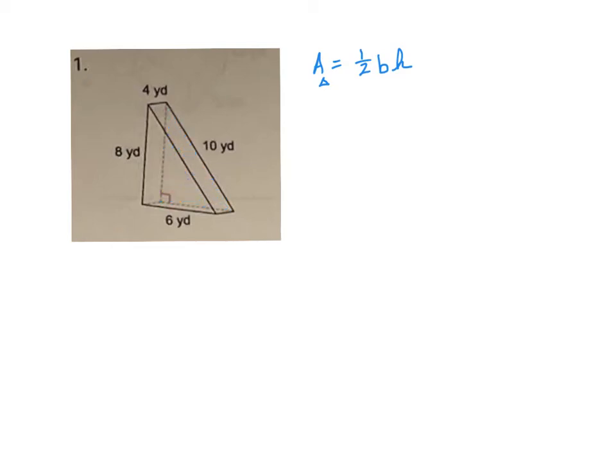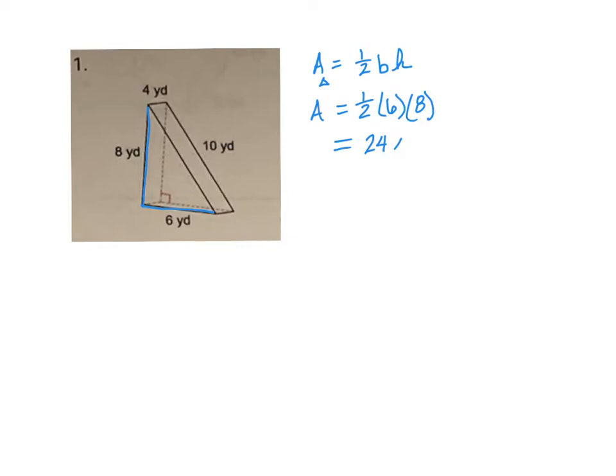Let's think about what those dimensions are. For the triangle, it looks like we have a height of 8 yards and a base of 6 yards. So 1/2 of 6 is 3, and then 3 times 8 would be 24.